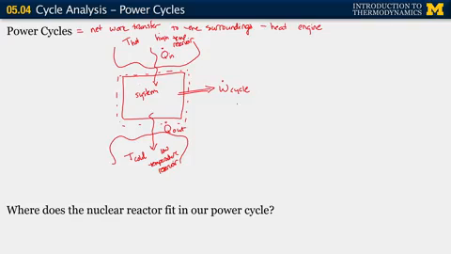So let's be even more specific. Let's take our natural gas. Natural gas is a relatively clean burning fossil fuel. So we burn the natural gas. That provides us with heat. We use that heat to heat water, and then that water goes from a liquid phase to a vapor phase. And that vapor phase has a lot of internal energy associated with it.